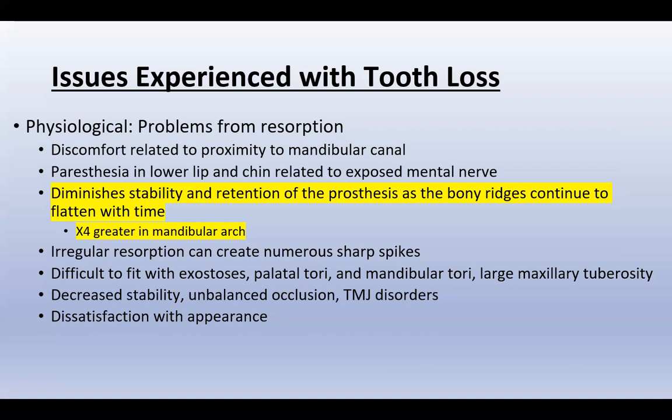Obviously, they're not going to be able to chew as well. They can't eat the really fibrous foods that need to be chewed. If they have an unbalanced occlusion, TMJ problems, or decreased stability, they're not going to be able to enjoy their food to the same degree as someone with natural teeth.